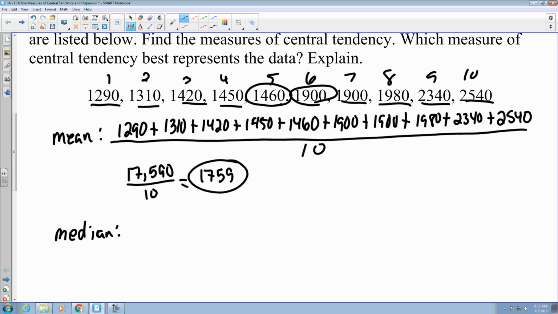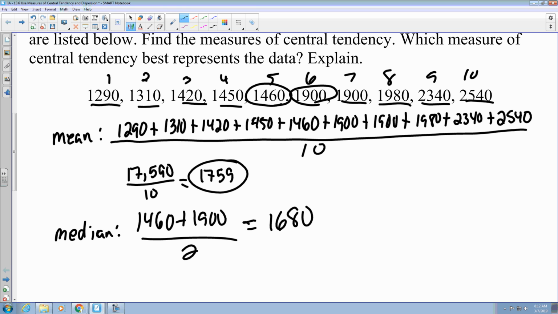If it was an odd number, we would just pick the middle one. So this is 1460 plus 1900, divided by 2. I get a result of 1680 as my median.